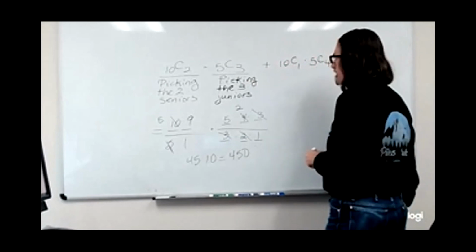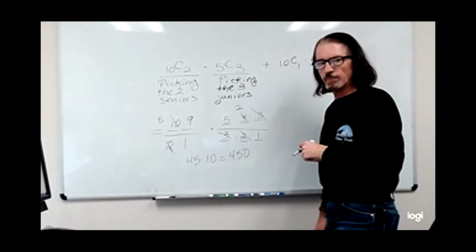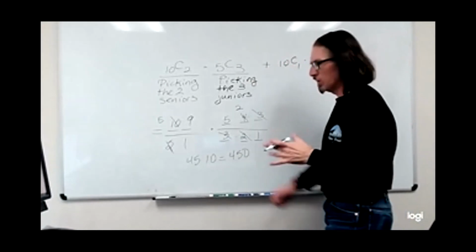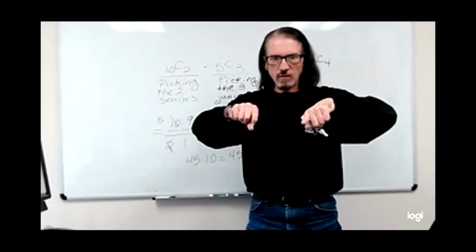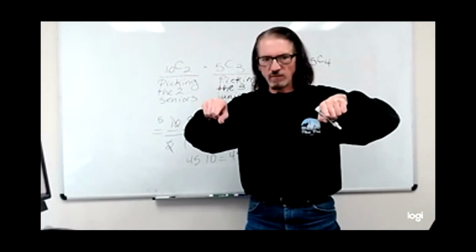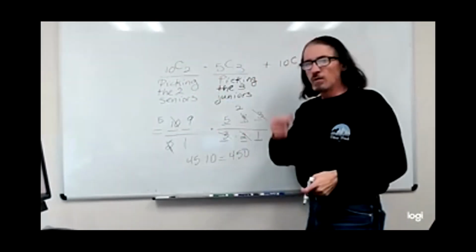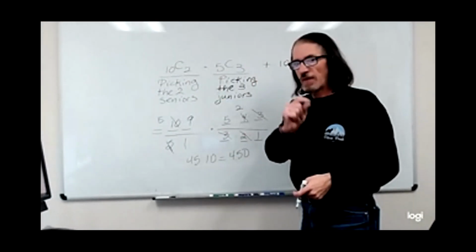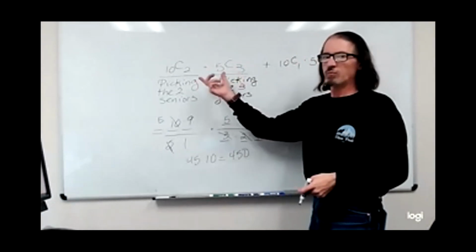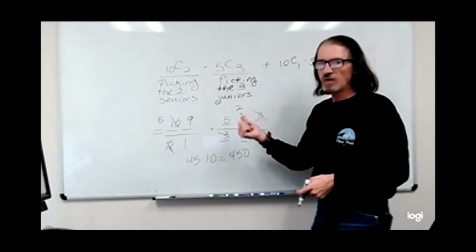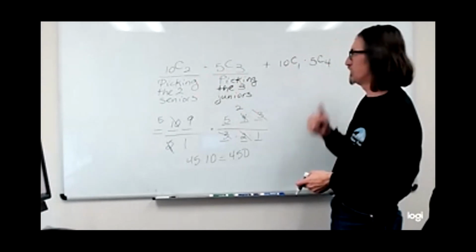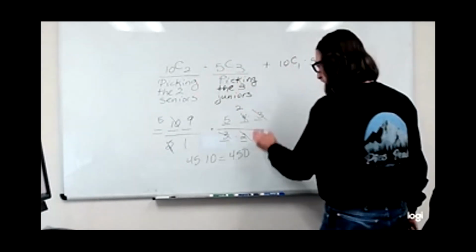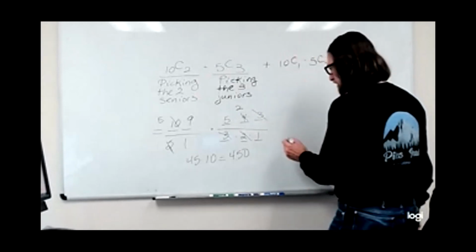By the way, why do I know I can add? That goes back to the fact that you have disjoint subsets or disjoint events. You cannot, for that one conference at that one time, both pick 2 seniors and 3 juniors, and at the same time, 1 senior and 4 juniors. Okay, so we're going to be adding to that 450.